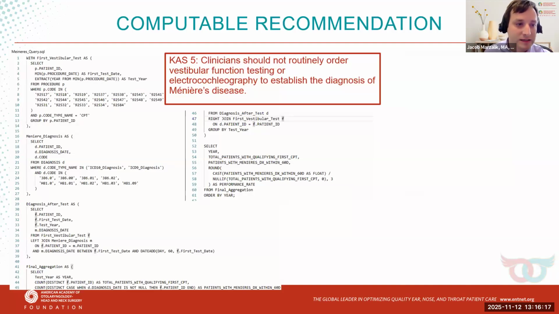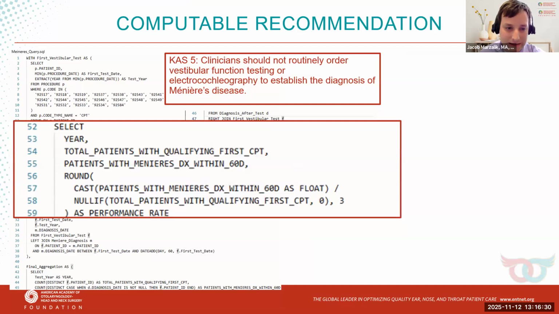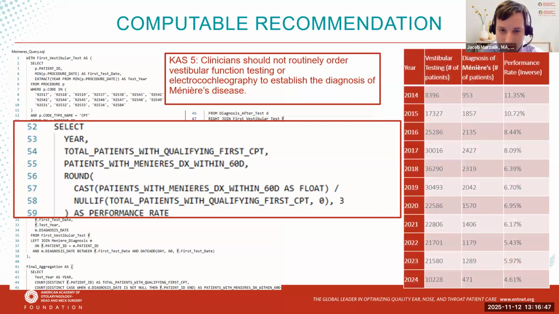You'll see a list of JSON codes that are related to this specific key action statement. We're trying to see whether the clinician has followed this recommendation against, that clinicians should not routinely order vestibular functioning testing or electrocardiography. This is then coded, and from this coding, it produces a chart.